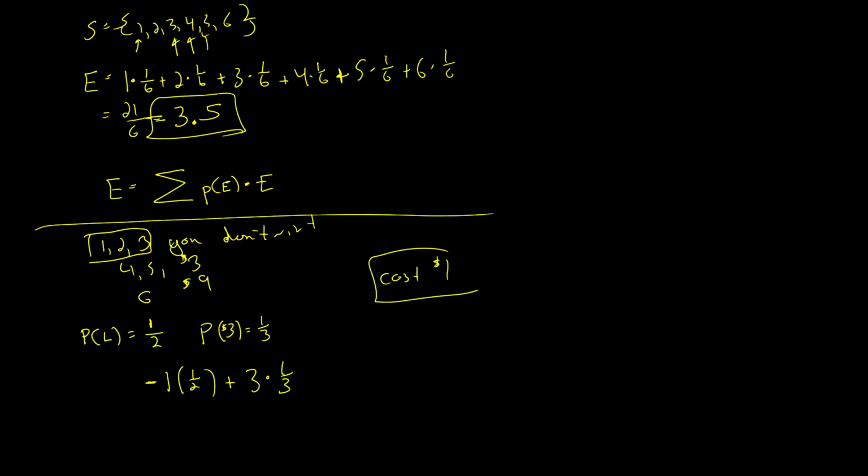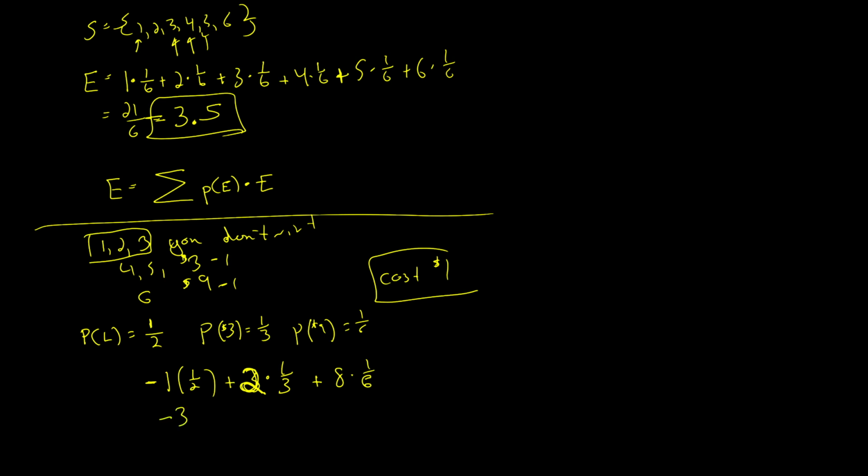But wait, you don't win $3. You've spent $1, so I have to take 1 off of that. You win 3, but it's cost me 1. And the probability of winning $9 is 1 in 6, but that's going to return me $8, times 1 in 6.